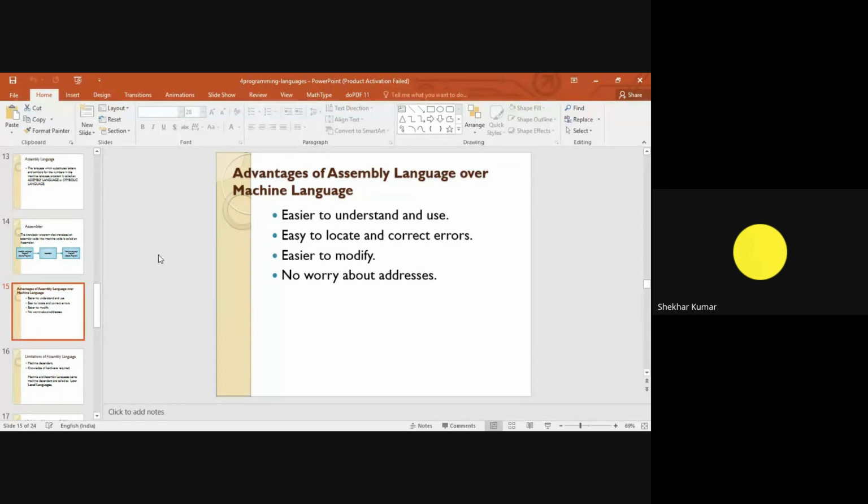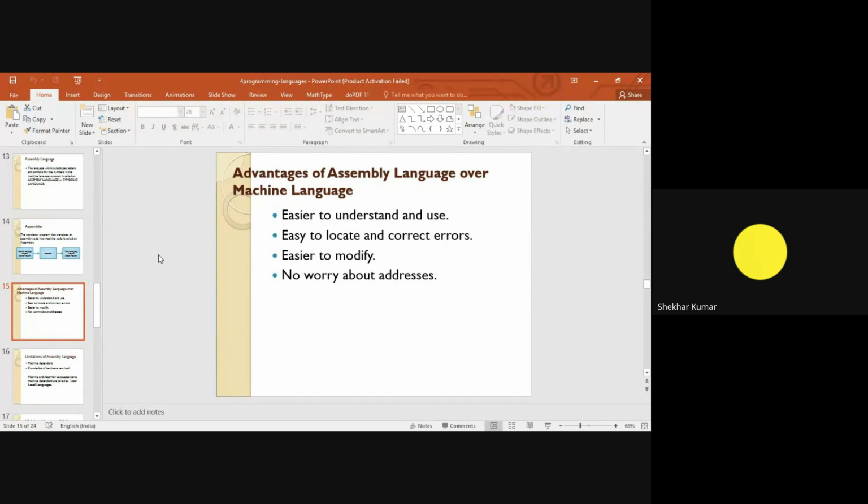To develop a program in assembly language takes less time as compared to machine instructions. Because of this, debugging and troubleshooting is easy.